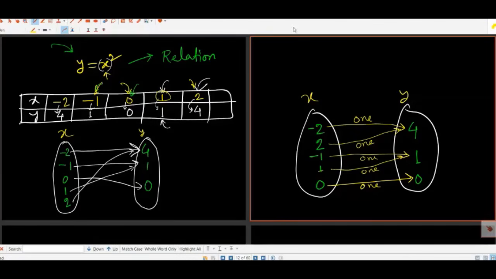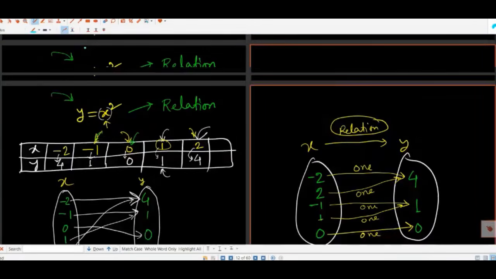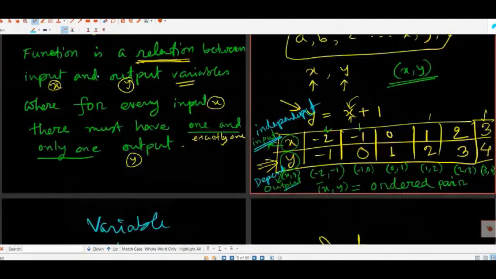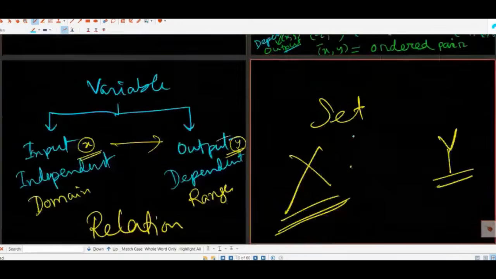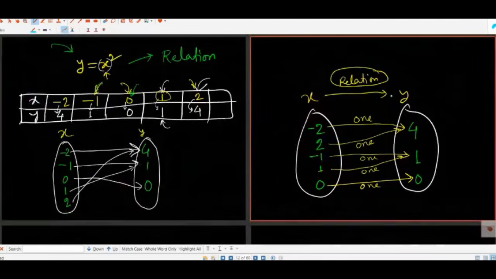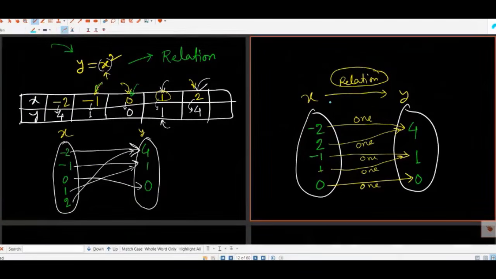So from x to y, this is the relation, no doubt. But let's have a look at the definition of function. A function is a relation. Up to now, we have established that between x and y we have a relation.